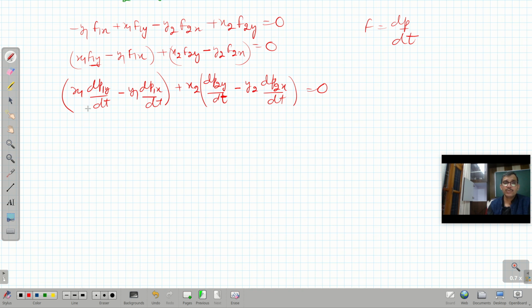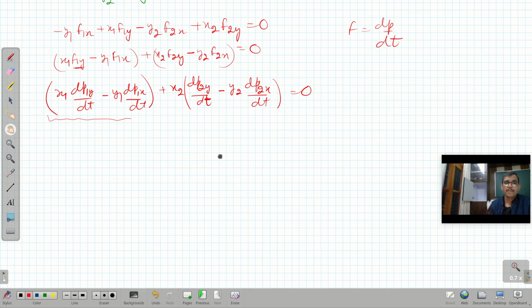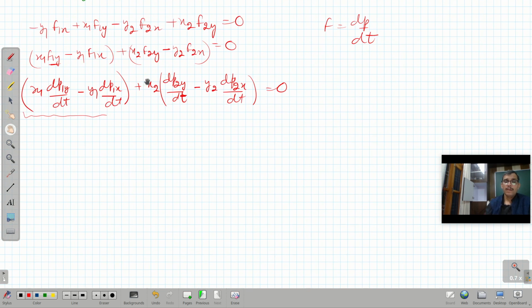Let us now try to look at this part. So what is it? It is x1 dp1y over dt minus y1 dp1x over dt. I'm just considering this part.